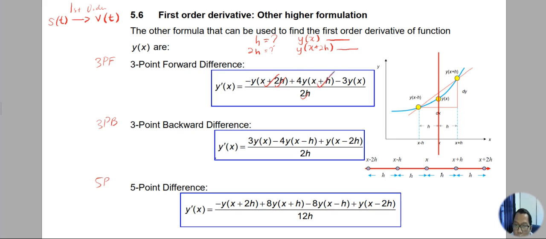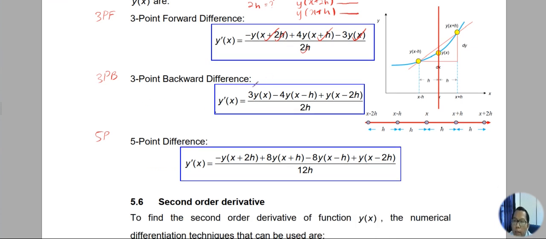Okay, and then this one y(x), and y(x plus h). From here, with all these values, you have to substitute back all the values into this formula to get the answer.